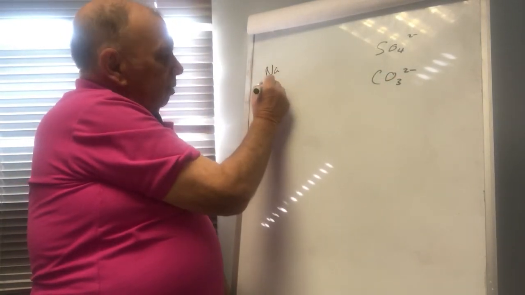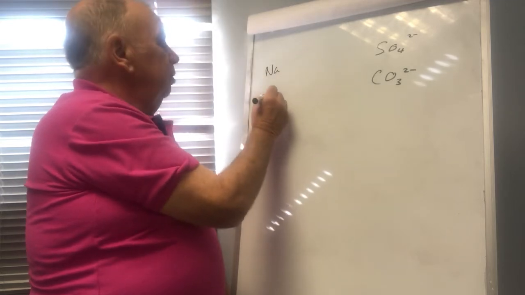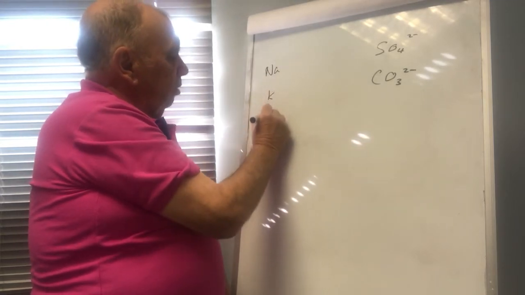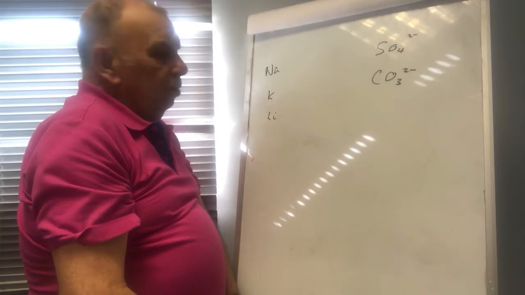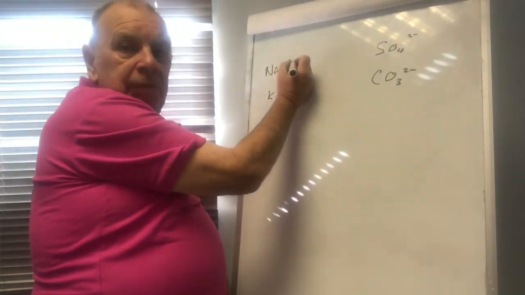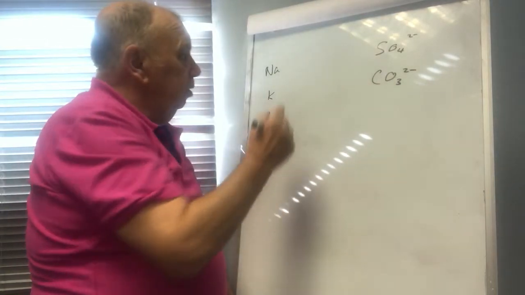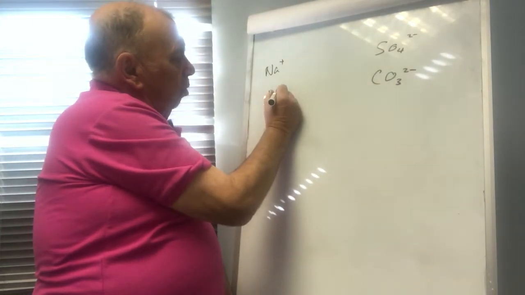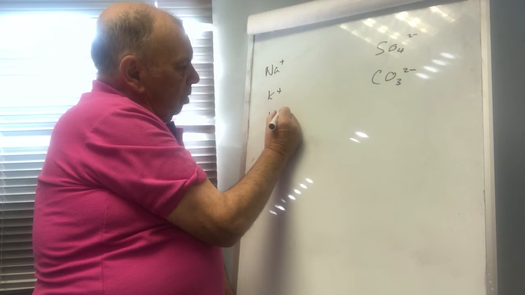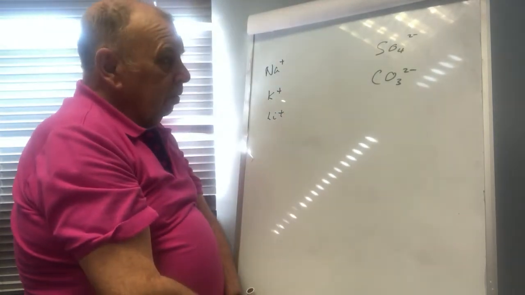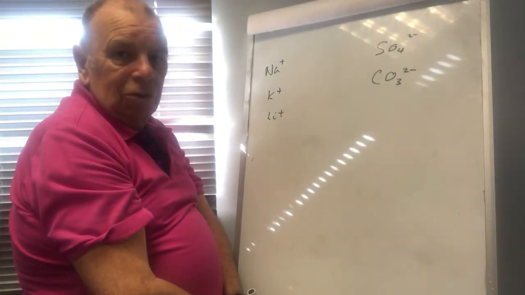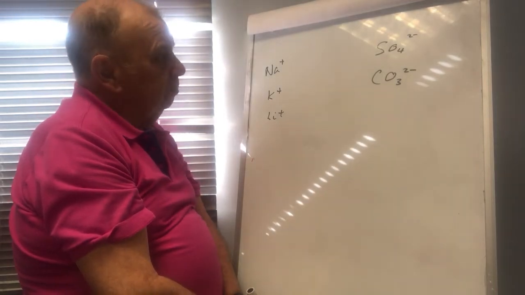Let's go back to the original one. Group 1, another element, potassium, another one, lithium. We know that this has got a valency. It loses 1 electron, so sodium's +1, potassium's +1, lithium's +1. What is the formula of sodium sulfate?